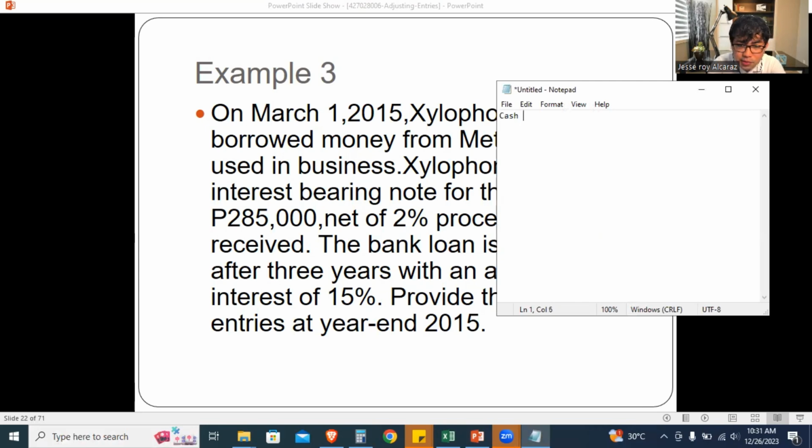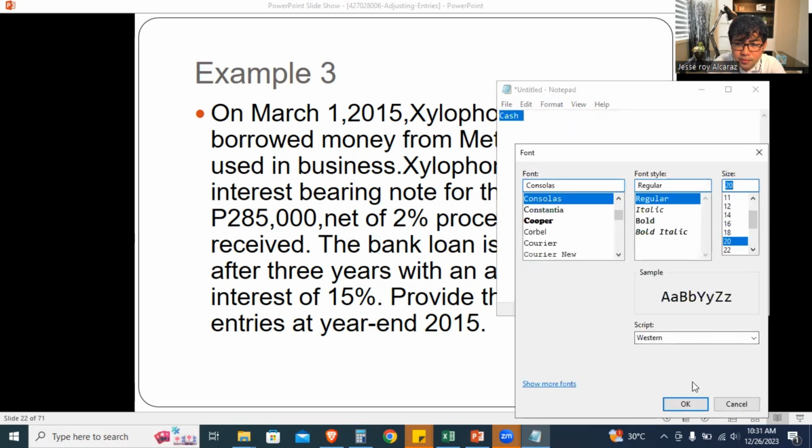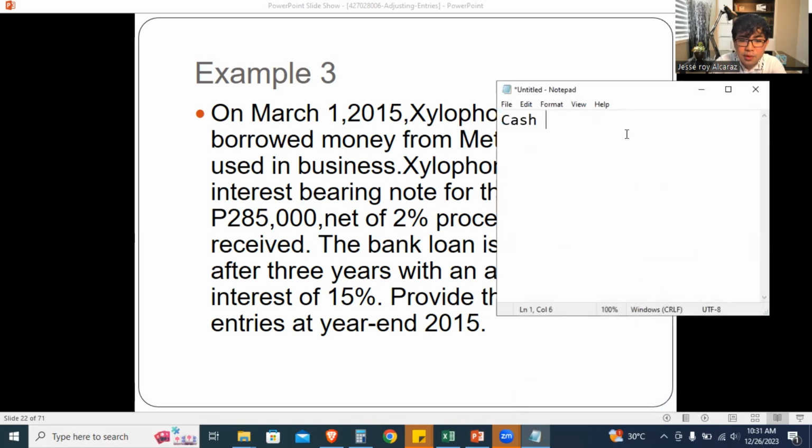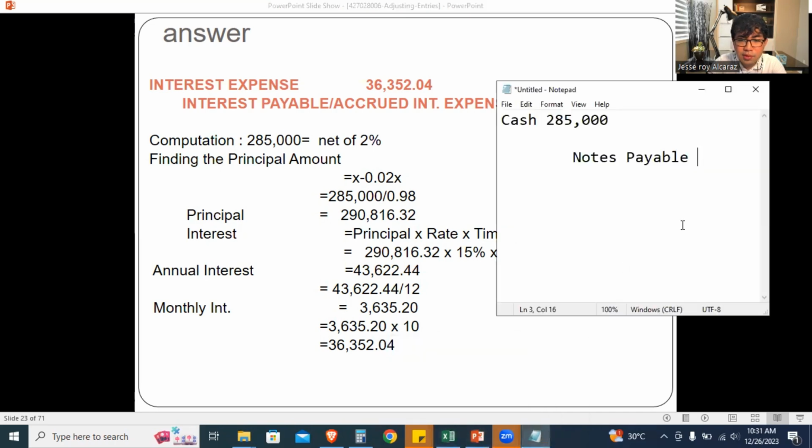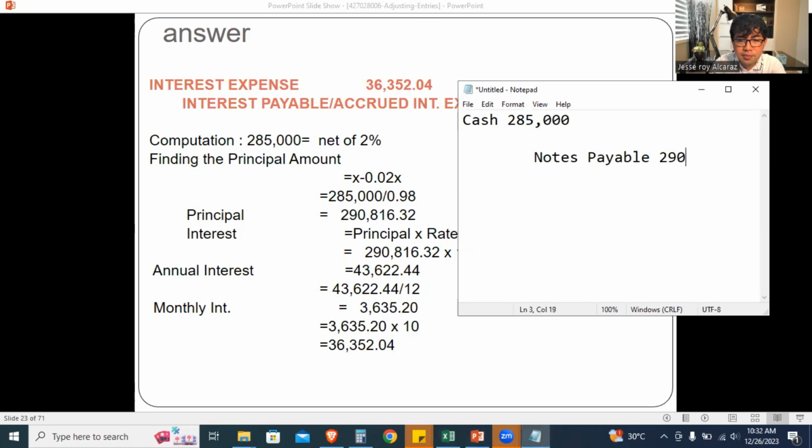Ang cash nga nadawat nato is only 285,000. So, that's our debit. And then, ang atong credit is notes payable. Pero dili siya 285. It should be 290,816.32.